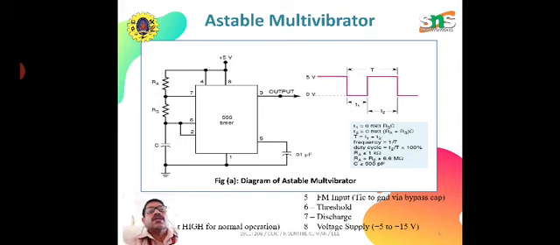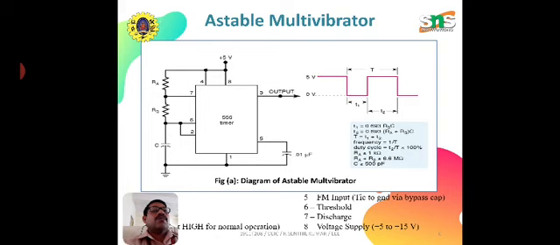Now see, this is the astable multivibrator circuit. The 555 timer IC is given here, with a capacitor C and 2 resistors RA and RB shown here. The right hand side figure shows the timing diagram, where the off time represents 0 volt and the on time represents 5 volt.